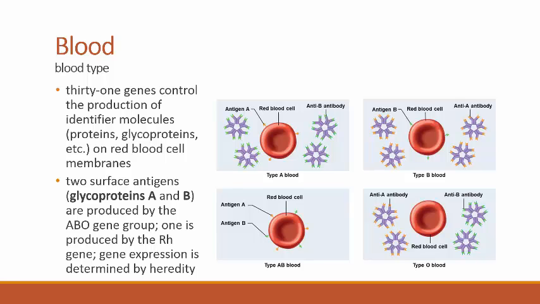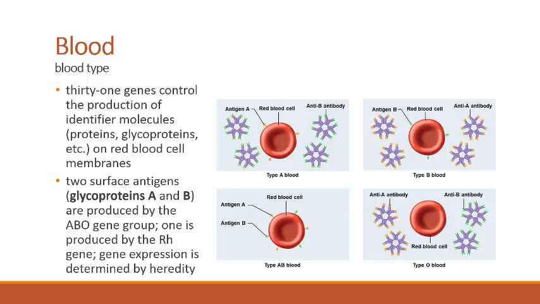These identifier molecules may be proteins or glycoproteins, and they're all used by the body as a means to ensure that every cell a white blood cell encounters is one that belongs in the body.